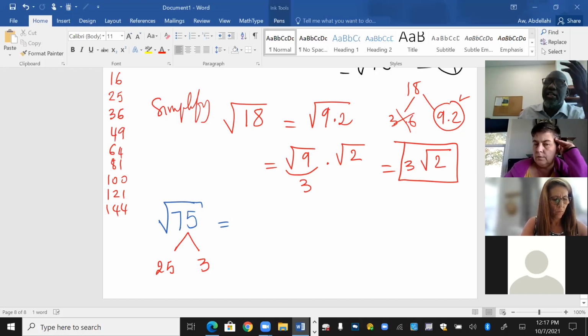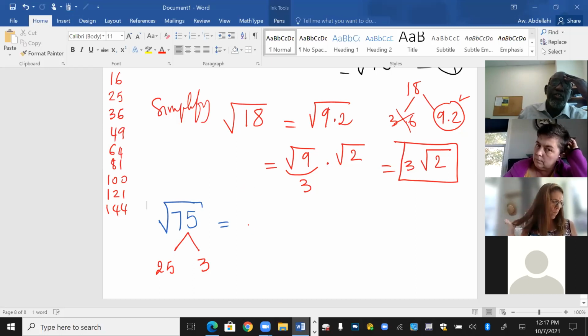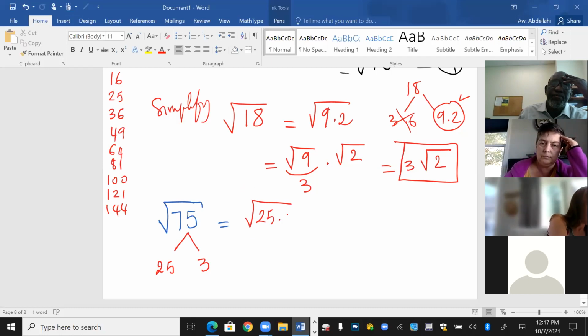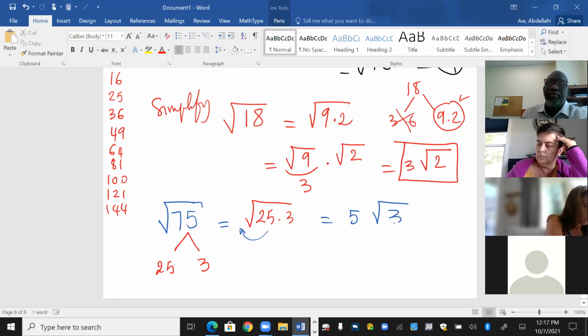That is the best way to break down 75, right? Because 25 is a perfect square. So it's going to be square root of 25 times 3. Now the 25 is a perfect square. When we get it out, it becomes a 5. It's going to be 5 square root of 3.